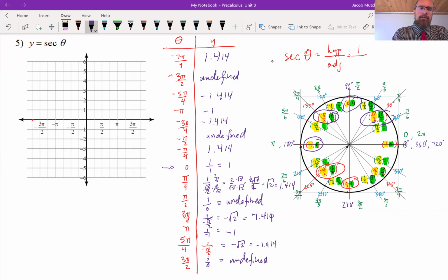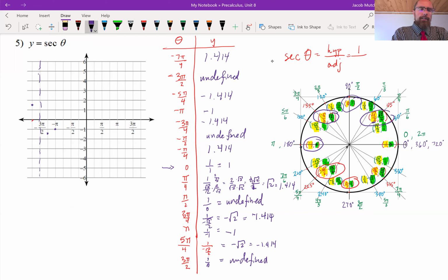So I'm going to pick up here. We just found this value at negative 7 pi over 4. That's going to have the value of 1.414. Negative 3 pi over 2 is undefined, so that is a vertical asymptote. And then we're picking up with the negative version. So negative 5 pi over 4 is negative 1.414. Negative pi is negative 1.